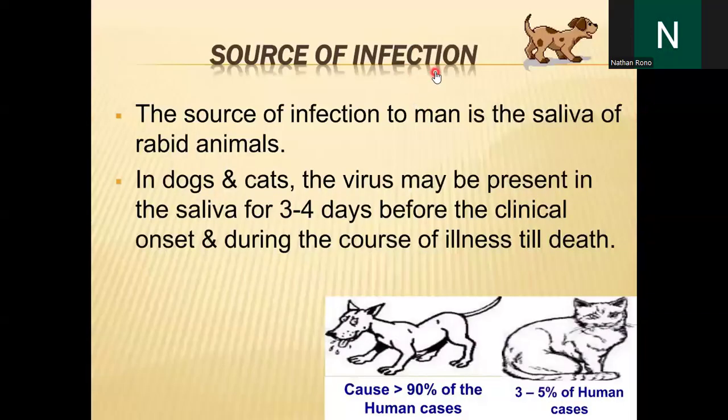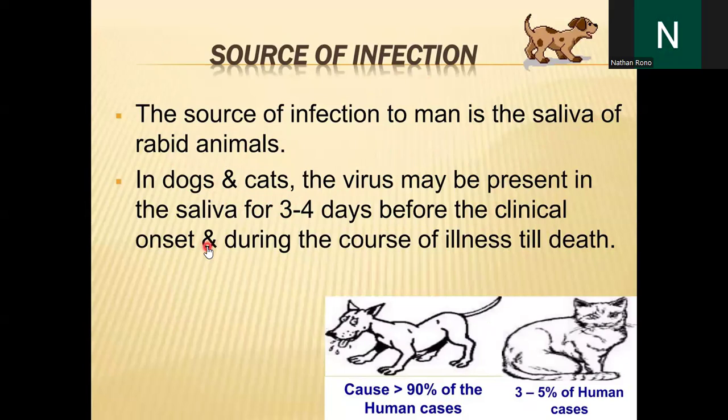Okay, source of infection. The source of infection to man is the saliva of the rabid dog or other animals. In dogs and cats, the virus may be present in the saliva for 3 to 4 days before the clinical onset and during the course of illness till death.